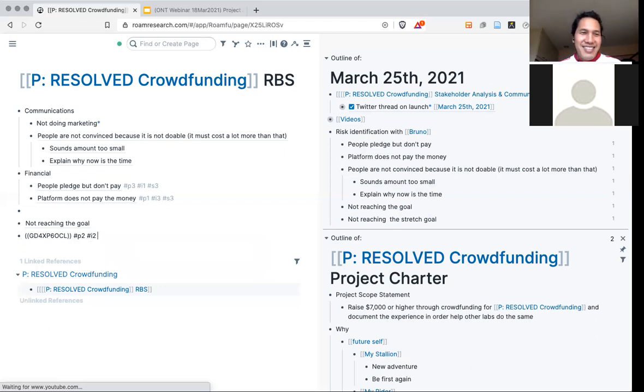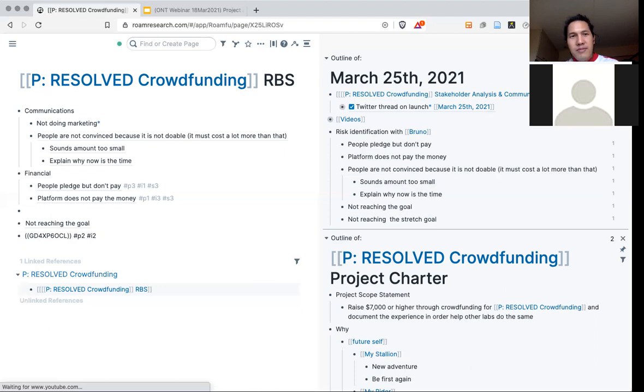And a score of 2 would be equal to people pledge but don't pay, which we considered not very important, because we assume it will not be many people, so it will be marginal impact.